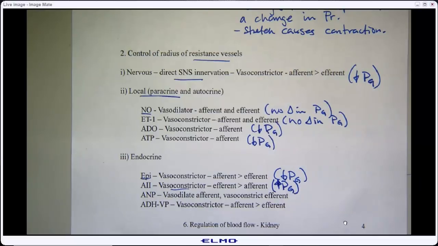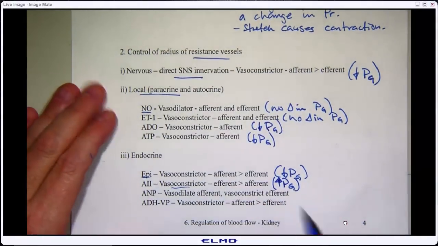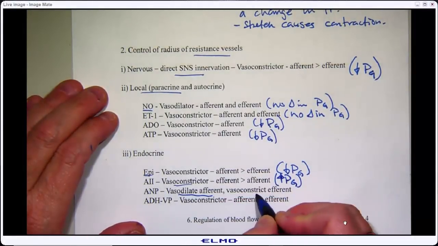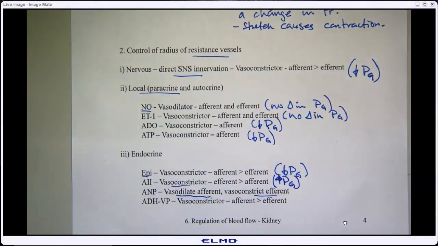Atrial natriuretic peptide. This is a peptide we're going to meet in a couple of days. It's actually made up in the right atria. It has wicked control down here. It can vasodilate afferents and vasoconstrict efferents. So we have two totally separate membrane receptor populations on afferent and efferent, right? So atrial natriuretic peptide comes on board when we massively want to flux fluid, okay?